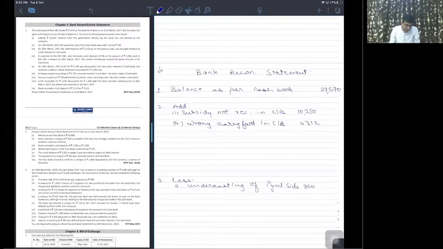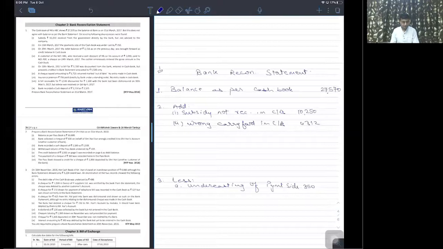A customer of Messrs ABC who received a cash discount of 5% on his account of 2000. On his account of 2000 मतलब क्या? उससे रिसीवेबल 2000 रुपए थे, वो 2000 पे उसको 5% डिस्काउंट मिला, मतलब 100 रुपए. पर जो हमारा कैशियर था उसने 2000 के 2000 रुपए डायरेक्टली बैंक कॉलम में लिख दिए. पूरे के पूरे, वही समझा रहा हूं बेटा, अब तक के समझाया ही नहीं मैंने.